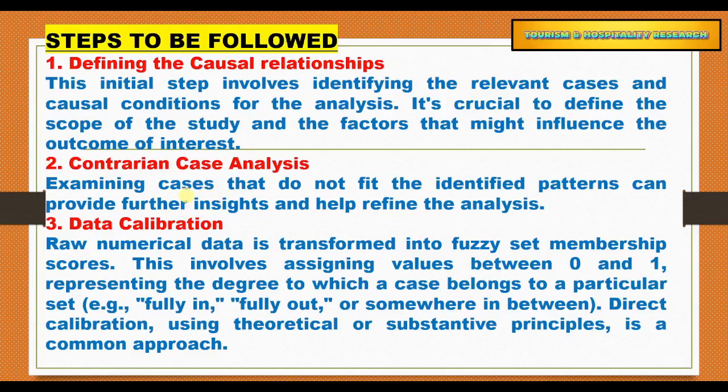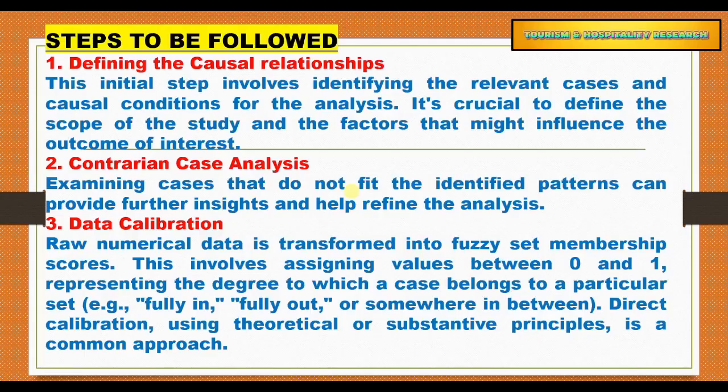Say I'm trying to find out the effect of dining experience on customer satisfaction. The better the dining experience, the better the customer satisfaction. That is something which is provided to me by the theory. So the majority of the respondents would have this kind of positive correlation between dining experience and satisfaction level.